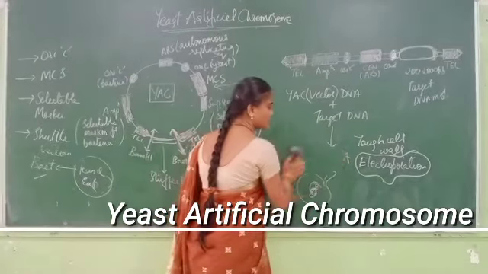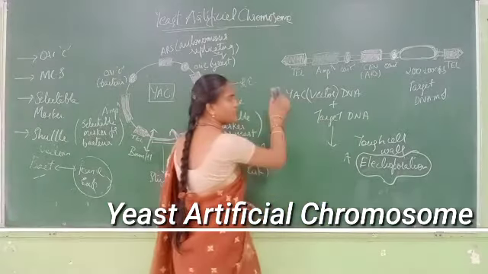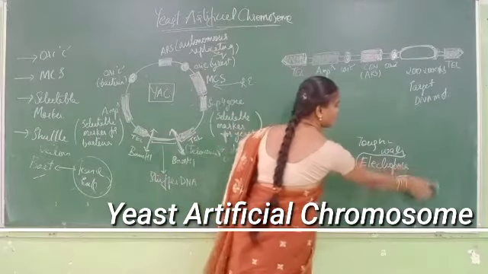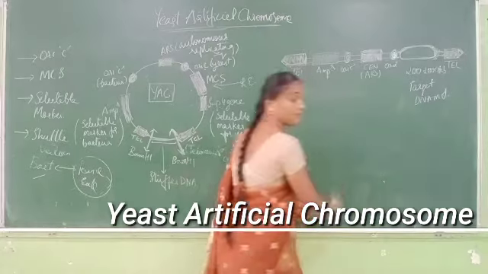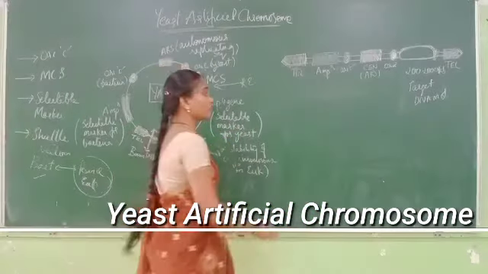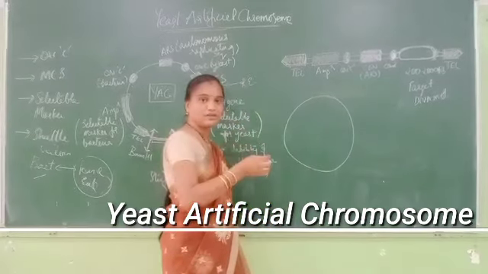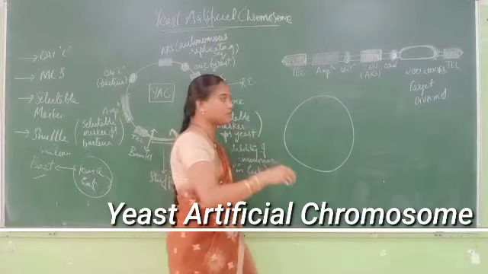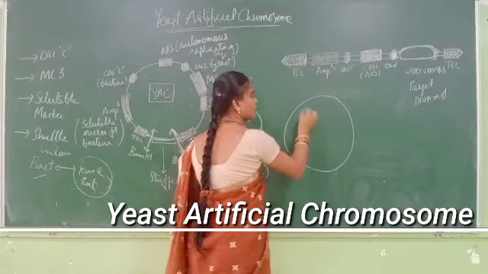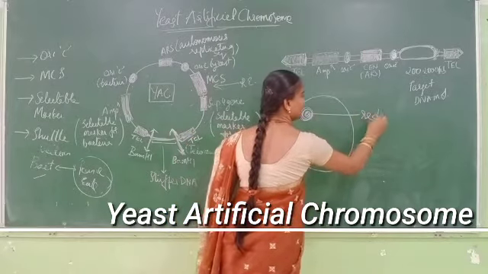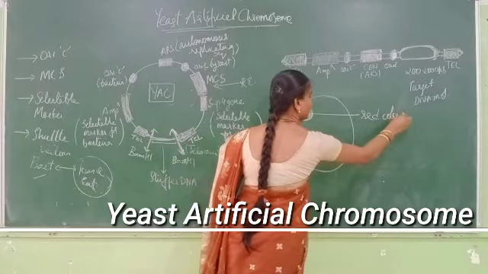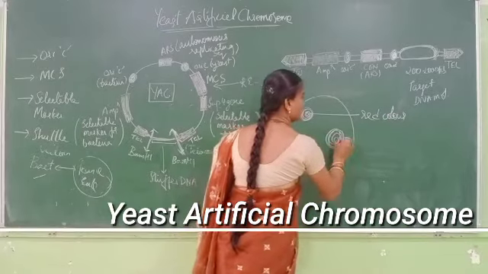After insertion, when this yeast is left for several generations on a Petri plate, you can see several colonies with red color and several colonies with white color.